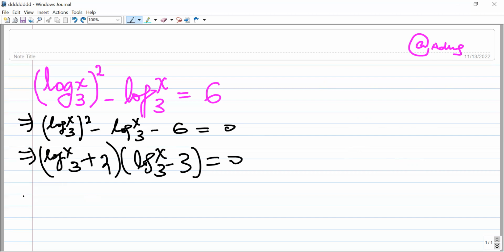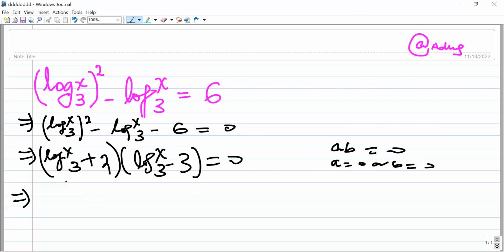From the concept of a times b is equal to 0: if the product of two numbers a and b is 0, this is true if and only if either a is equal to 0 or b is equal to 0.